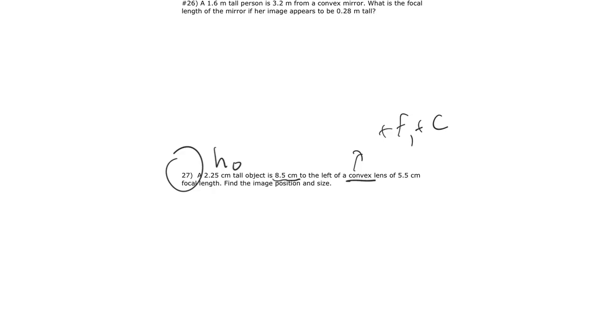It's 8.5 centimeters to the left, so that's the distance of the object, always positive. So the focal length is a positive 5.5. Find the image position, DI, and size, HI. DI could be negative if it's a virtual image. No, it would be a virtual image if the object was inside the focal length, but it isn't. 8.5 is beyond 5.5, bigger than.